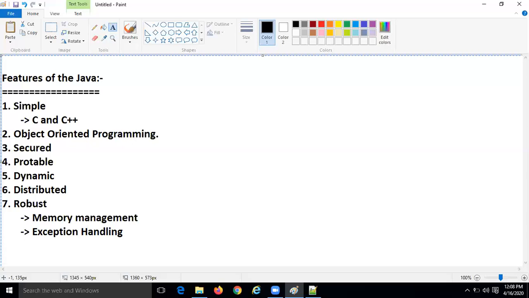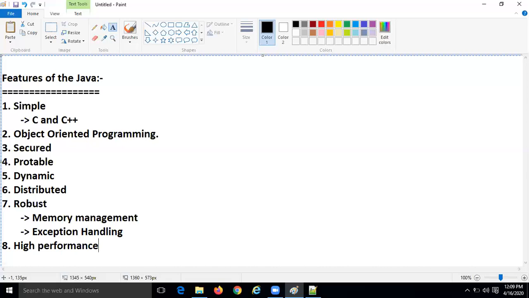Next one, number 8. Java is a high performance programming language. Java provides high performance compared to other programming languages. So we can use JIT compilers in Java.